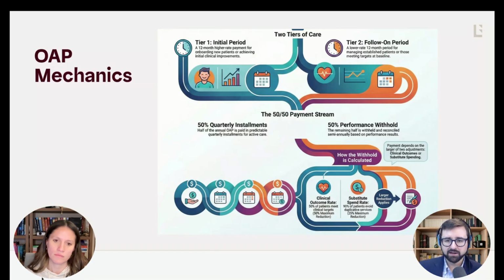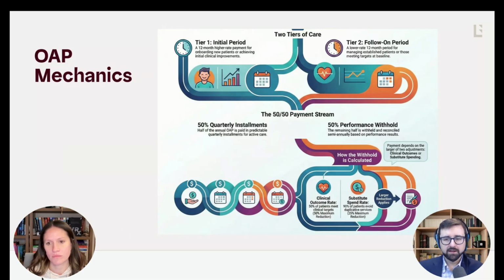Medicare's threshold here is that they want to make sure that 90% of your beneficiaries did not see any CPT codes that are considered part of the Access bundle of care dropped for these patients. If the rate of billing for those patients exceeds 10%, then there's going to be downward substitute spend adjustments. That's going to be capped at 25% of the OAP amount.